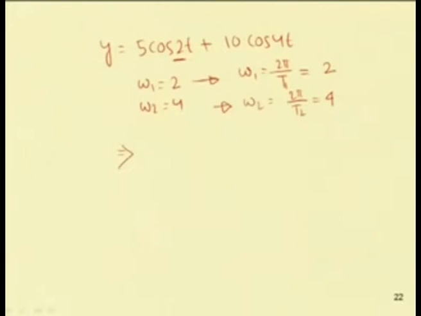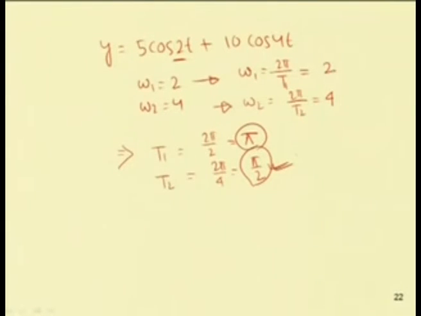So, this implies t1 equal to 2 pi by 2, so this is equal to pi, and t2 equal to 2 pi by 4, so this is equal to pi by 2. So, you can observe in case of a 2 periodic response, the period is pi by 2 here and this is pi.